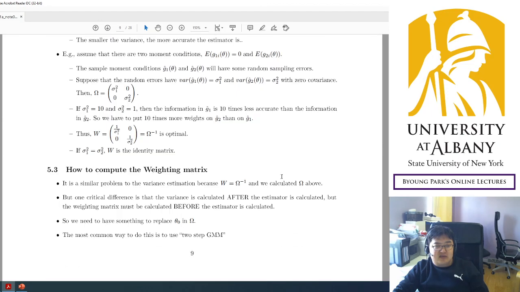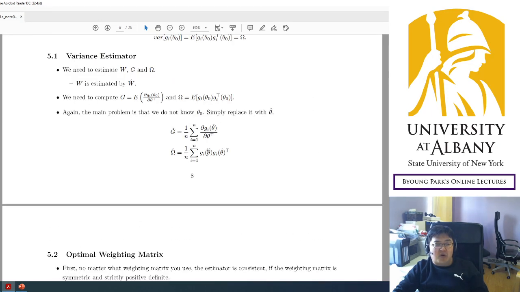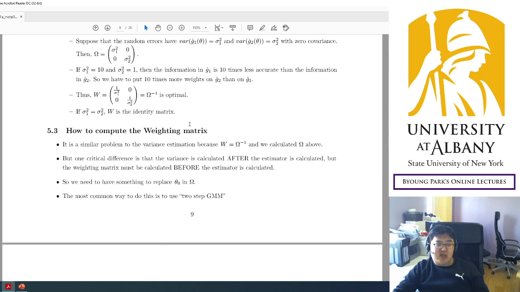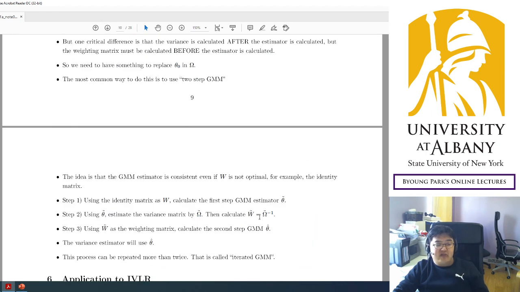So plug this in here. If you use theta tilde here, omega tilde will be consistent for the true omega. Consistency is what we need. Then using that omega tilde, obtain the weighting matrix W tilde as the inverse of omega tilde, and use this weighting matrix to re-estimate the GMM.